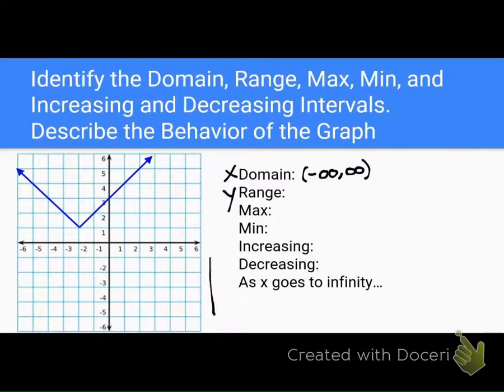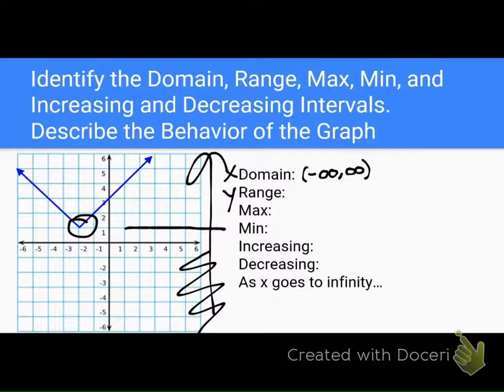My range, though, if I'm looking, what happens as I go from the bottom to the top? Down here, it doesn't look like I have any function values. So I need to look at where my function starts, which it looks like is this point right here. And then it goes up and on for up to infinity.